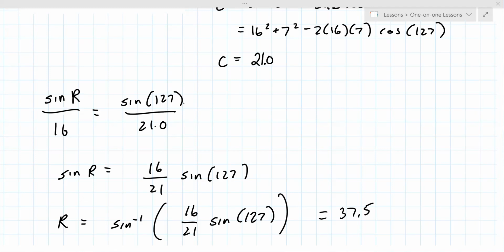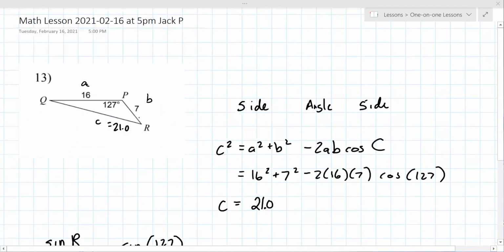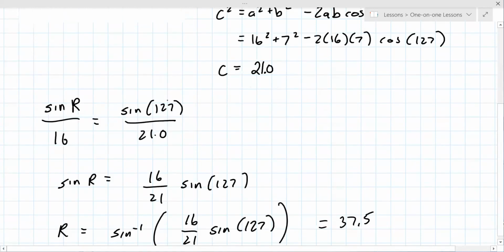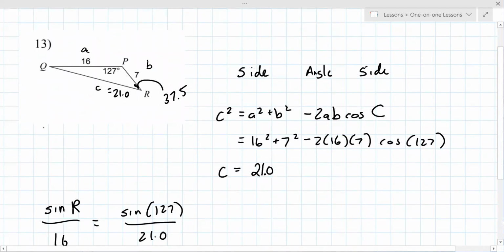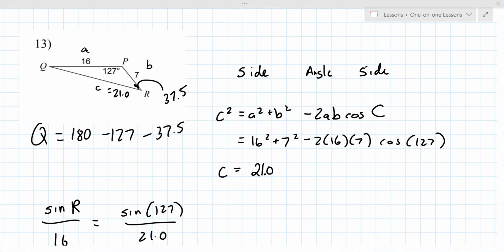So we found that R is 37.5. So Q is going to be 180 minus 127 minus 37.5. So it'll be 15.5. Yeah, that sounds super reasonable.